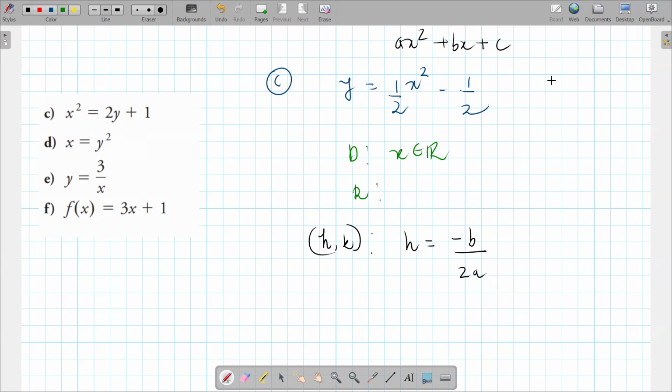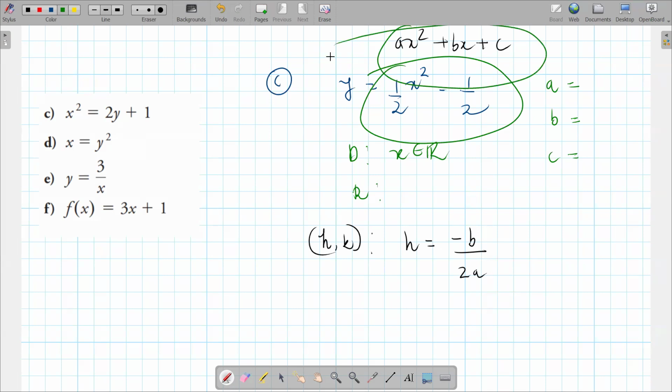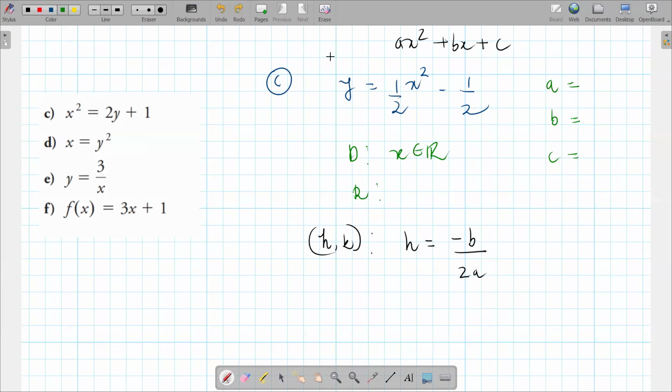Up here, what's my a value, what's my b value, and what's my c value? You're comparing this equation to this equation. A is the number attached to x squared. What's a? It's 1/2. I'm just going to write that as 0.5.